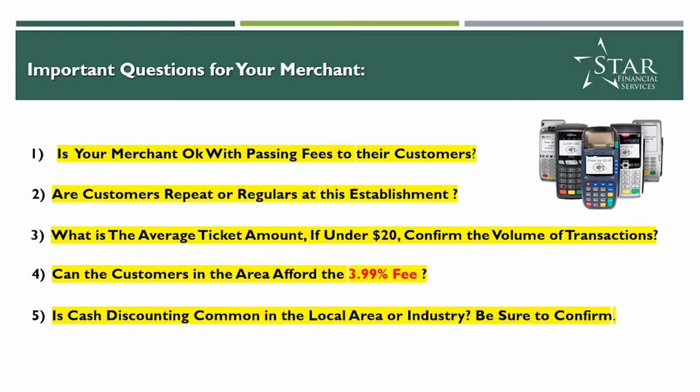Are the customers at this establishment repeat or regular customers? I'll give you an example. Let's say a small convenience store, a corner store in the neighborhood that would typically serve everybody in the surrounding area. Say they're located down the street from a larger grocery chain.